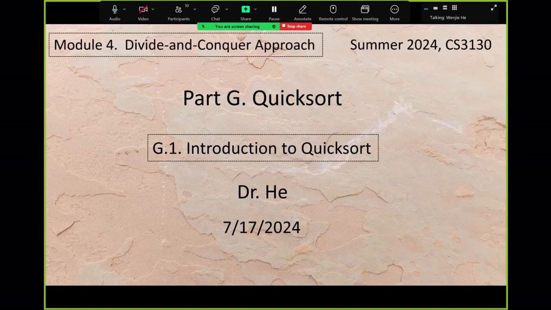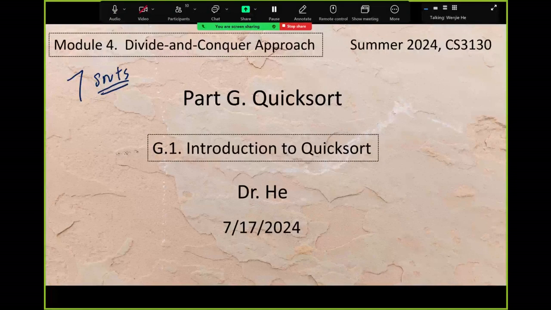Because for this class we plan to learn a total of 7 sorting algorithms. You can see for the same sorting problem, we learn 7 sorts with different ideas, methods.